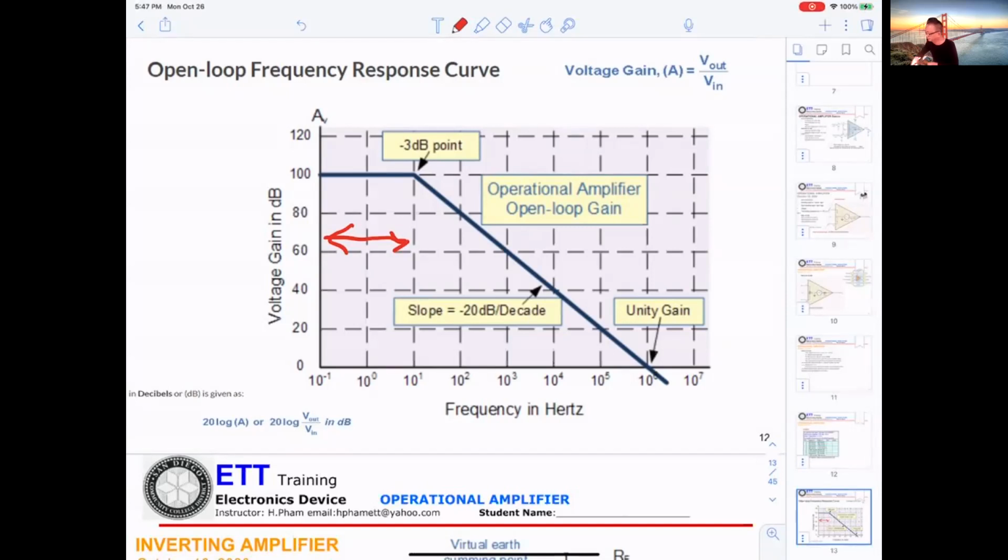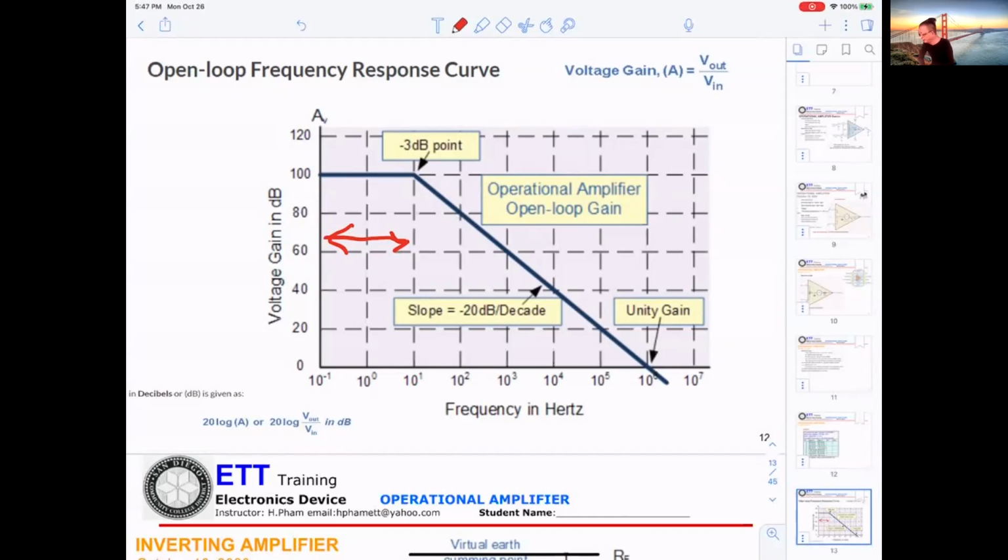What does that mean? What does it mean when they say slope minus 20 dB per decade? The attenuation rate? Right, that is the attenuation, but what does it mean?